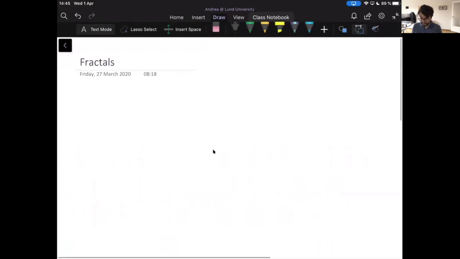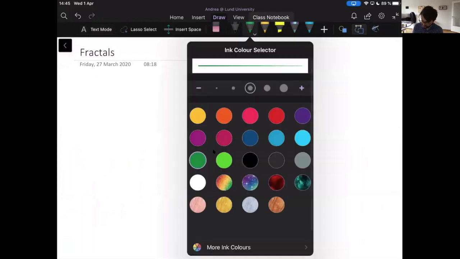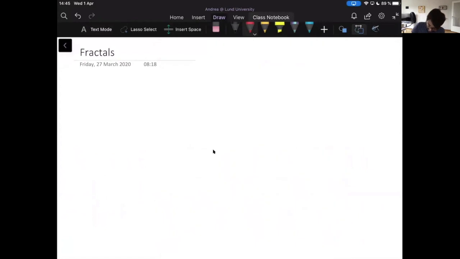So this is the second lecture about fractals. The way that you draw these, that is called the Koch curve, is like this. So you start, so here it will help to have this activated.